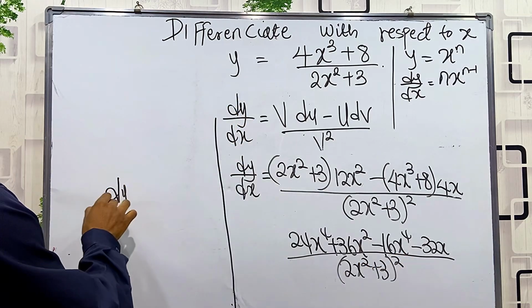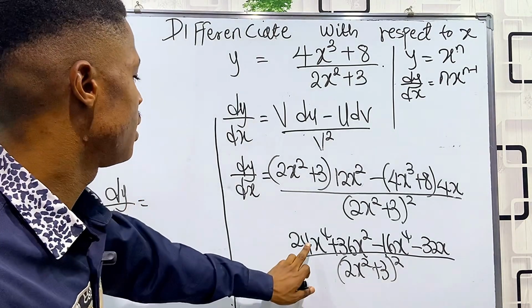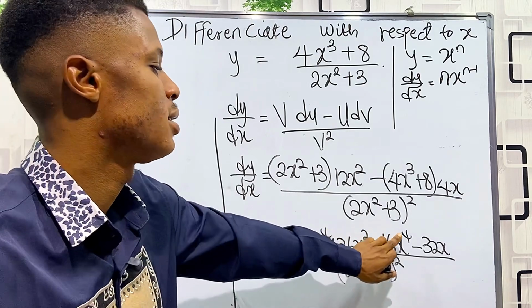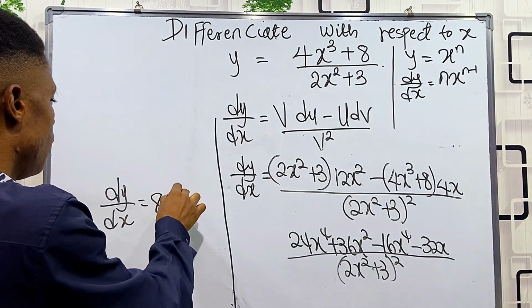So dy/dx is equal to, we have this power 4, these two are the same. So 24x to the power of 4 minus 16x to the power of 4 is going to give us 8x to the power of 4.